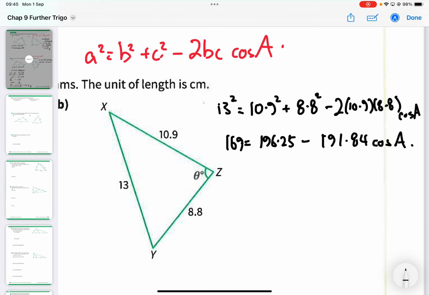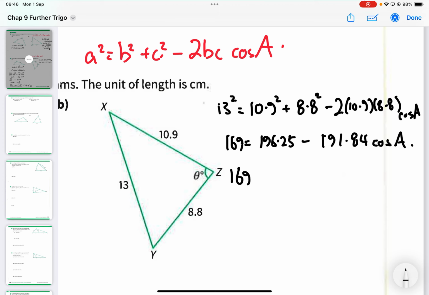Then in this part of the algebraic manipulation, students always make mistakes because they move 2 things at the same time. Okay? So, don't move 2 things at the same time. If I move a number, I don't move this cosine A. If I move cosine A, I don't move the other number. Or else sometimes you switch left and right and move at the same time, then you'll make a mistake. So for me, I will just move this 196.25 first, across to the left. Do one thing enough already.